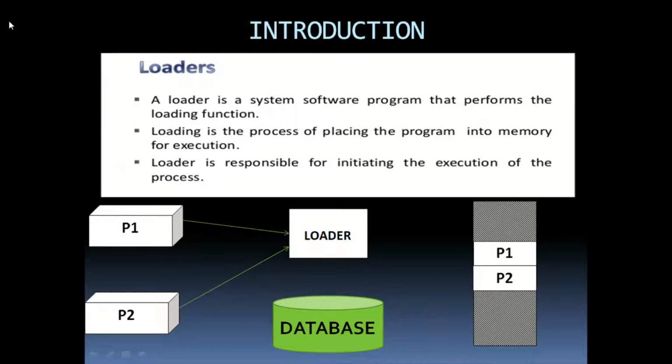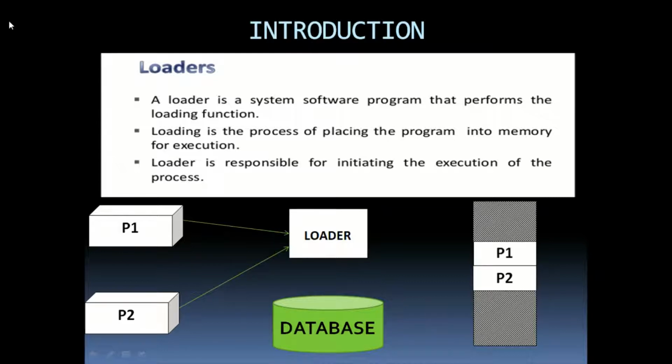You can see on the computer screen, there are two programs, P1 and P2. So this P1 and P2 need to be loaded into the memory. The programs P1 and P2 will be converted to object files.